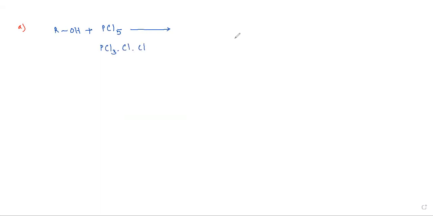For convenience, let us consider it as this: RCl, HCl, and the thing that is left out is POCl3, phosphorus oxychloride. Okay, now the mechanism.